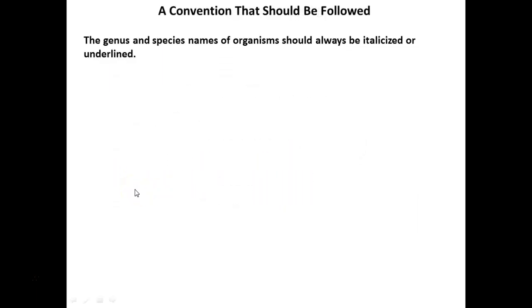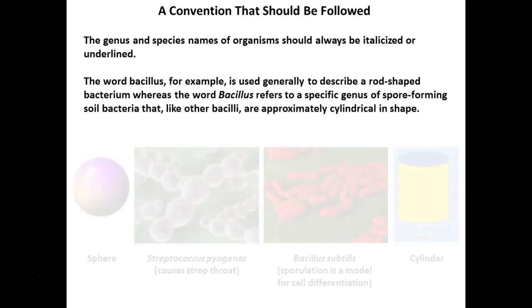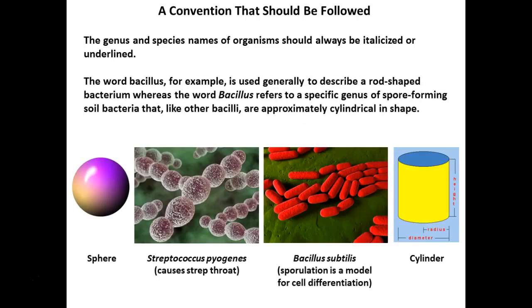So the genus and species names should always be italicized or underlined. I don't really take off for that, like on the last page, because I have a line for you guys to write it on. And I'm really bad about that too, because I type everything. But I just want to emphasize that to you guys. You'll notice that in that table, the actual names should be italicized. I'm not as big a stickler on that one as some other professors are.